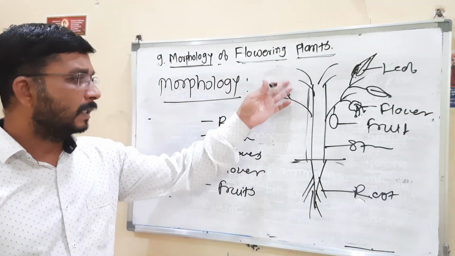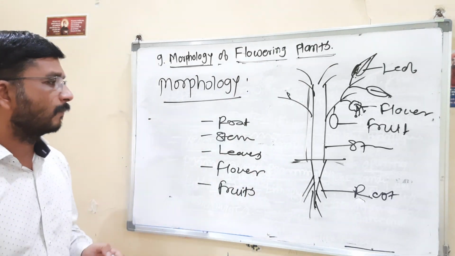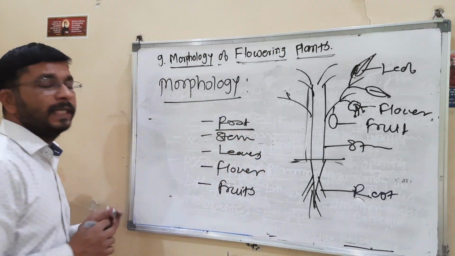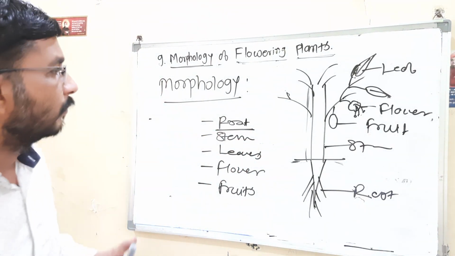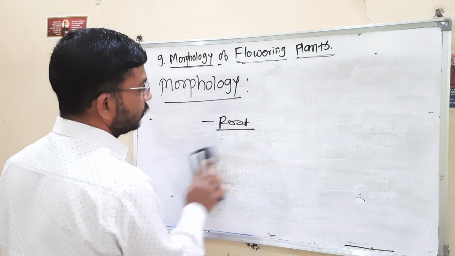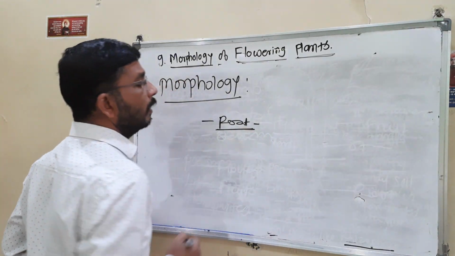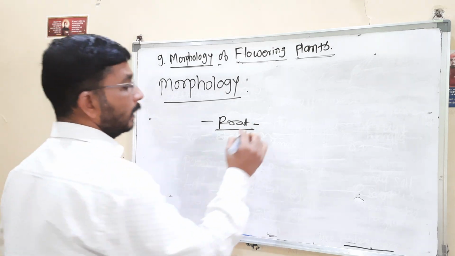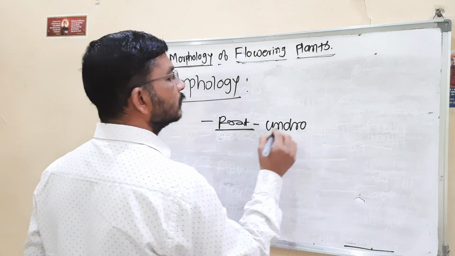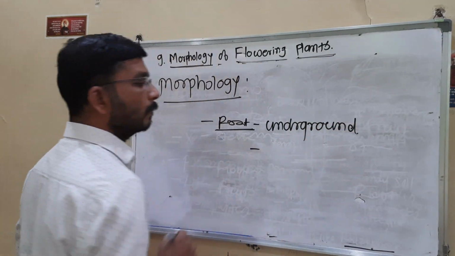For studying all those characters, we need a typical flower. Then for the morphological study, we take a root. And what is a root? Root is the underground part of a plant.